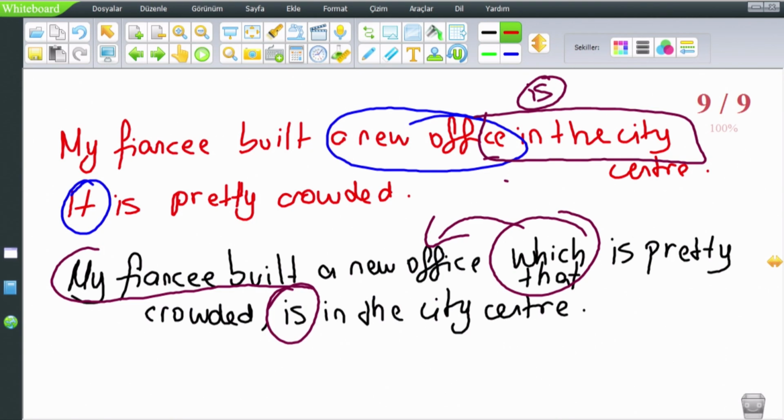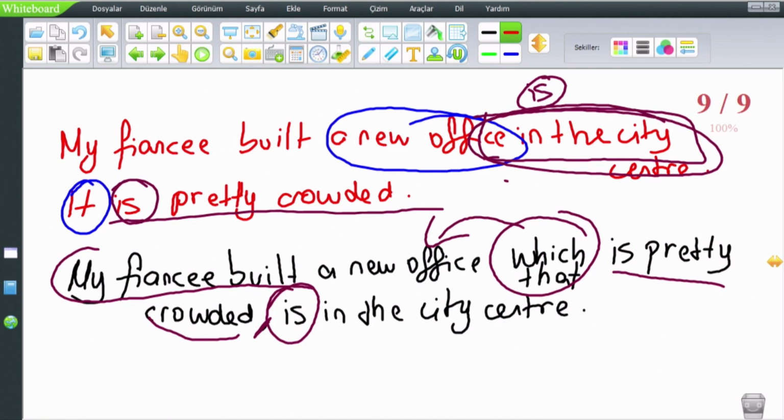And then I went on with the second sentence. It's pretty crowded. We don't have a problem till here. And then I went back to the first sentence, and I have to give this information also. So I added a be form because I have to give that information, and added that one.